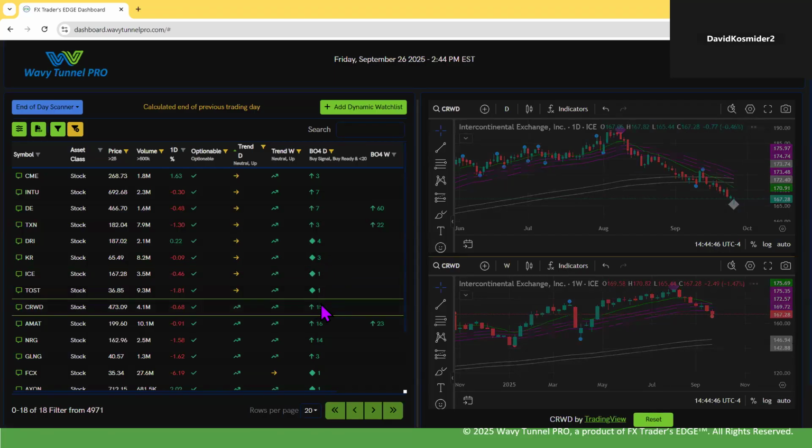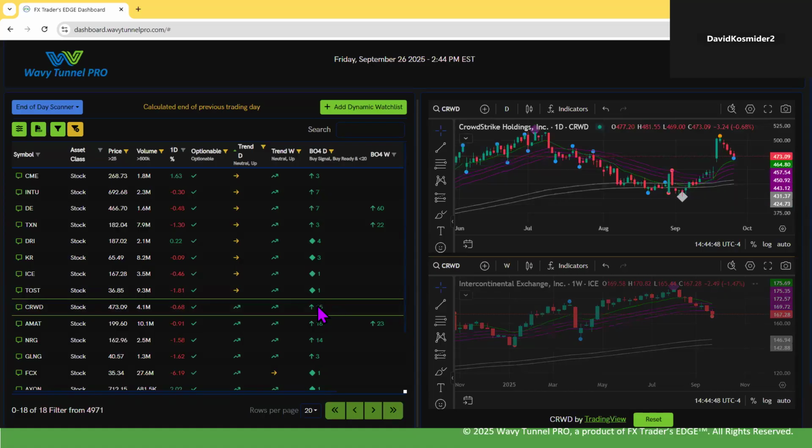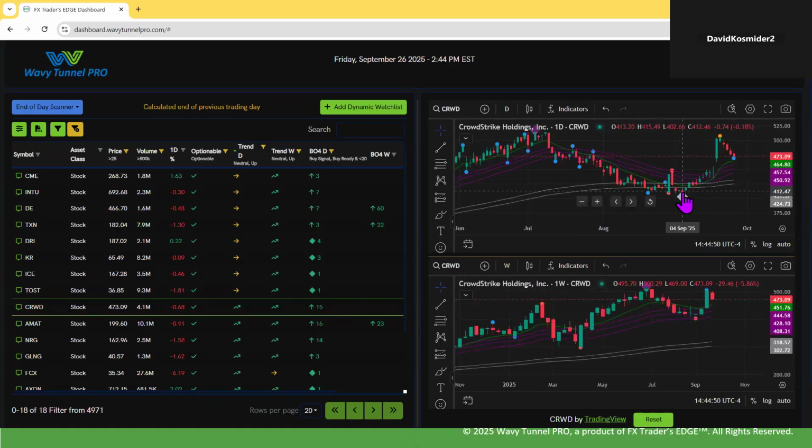If we look at this one, this happened 15 candles ago. So this was the setup right over here on September 4th. And then we look at what happened since. That was a beautiful signal, and the weekly had our back right over here.